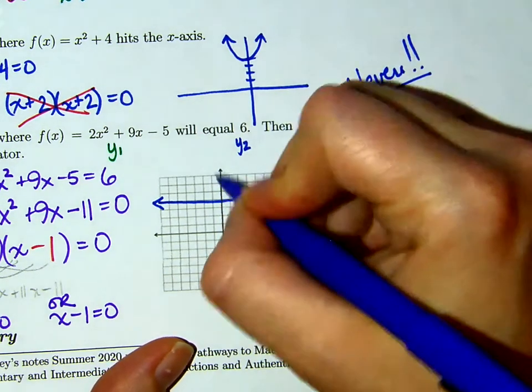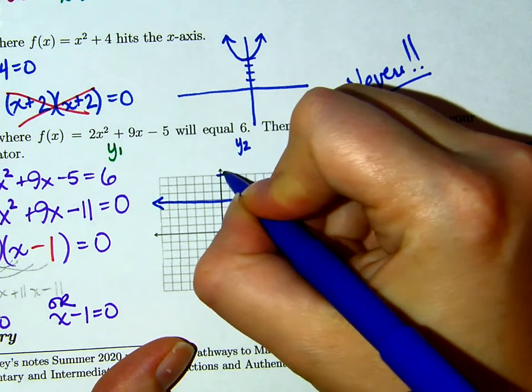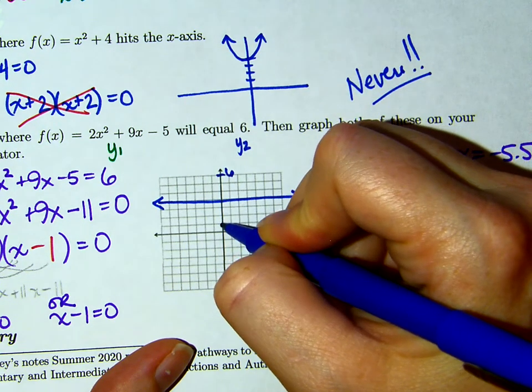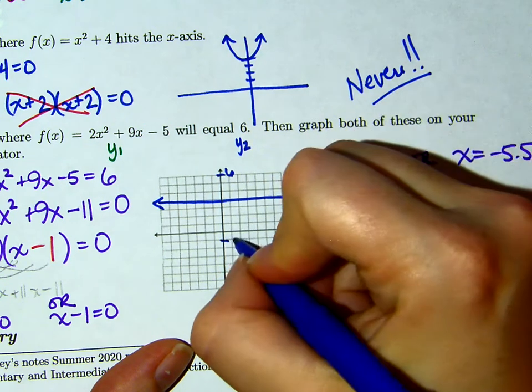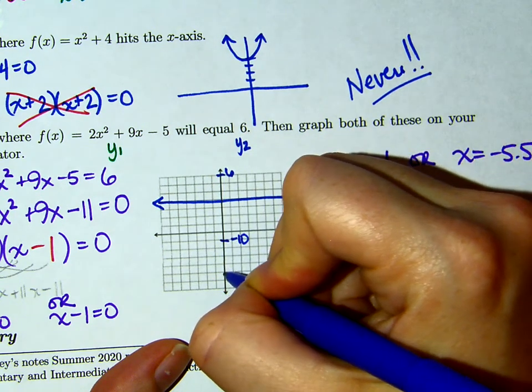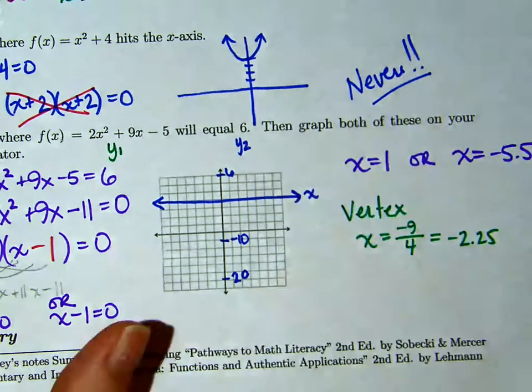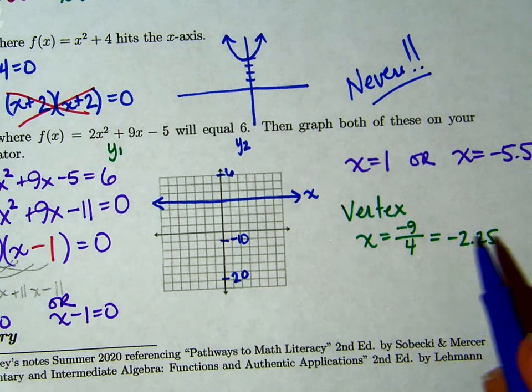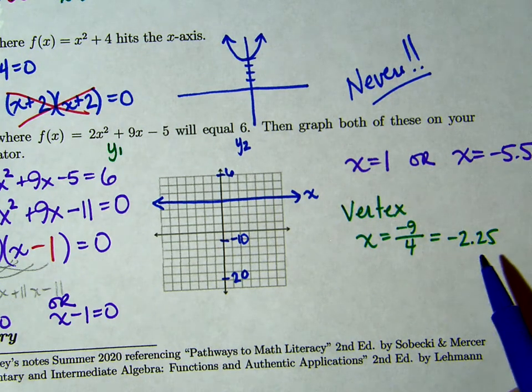And I'm going to count by 2s. 2, 4, 6, and that makes this 2, 4, 6, 8, 10 below. 2, 4, 6, 8, 10 below, so negative 20 there. And our vertex happened at x equals negative 2.25.